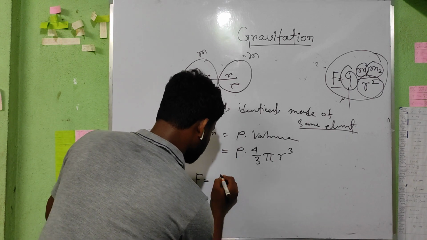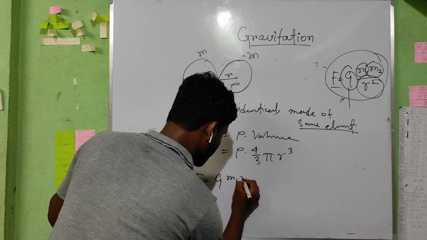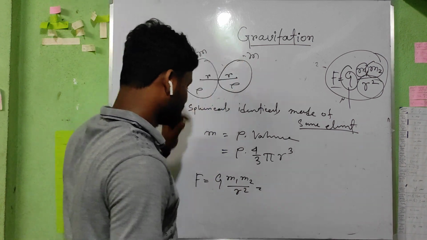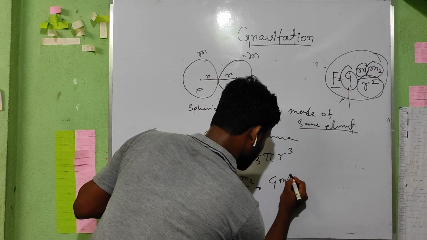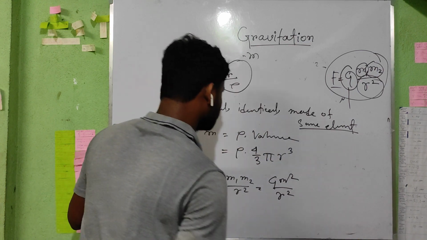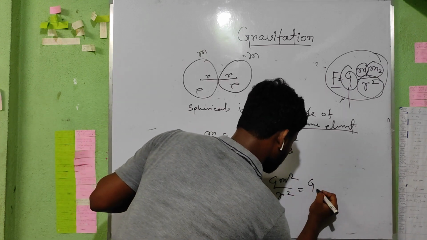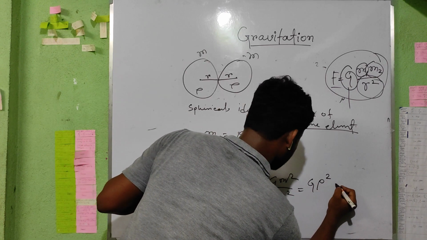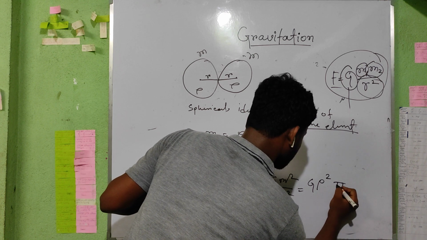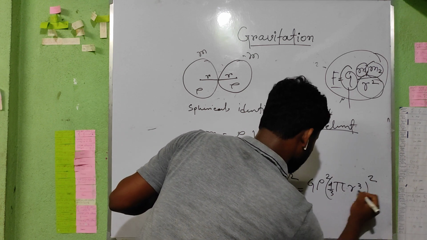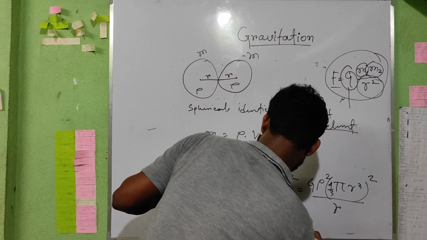Force is G m1 m2 by r square. But we know that they have the same masses, so G m square by r square. What is m square? This squared. So G rho square pi square, 4 by 3 pi r cube whole square, and by r.